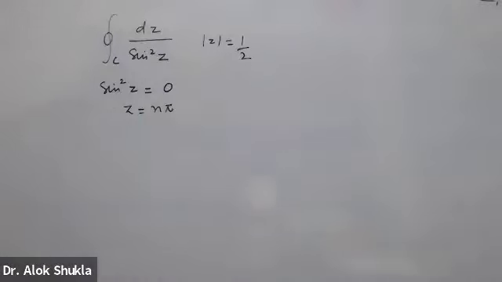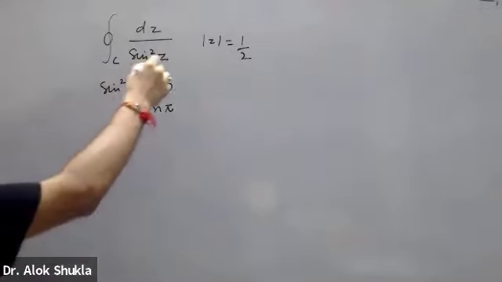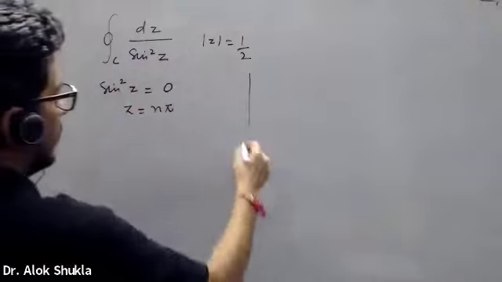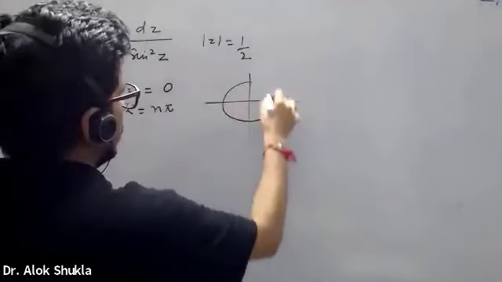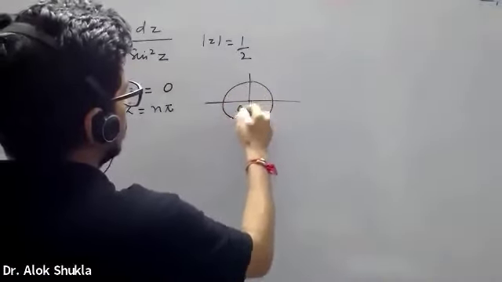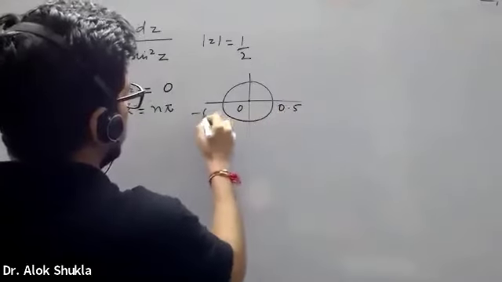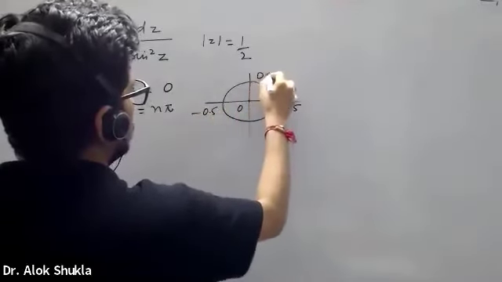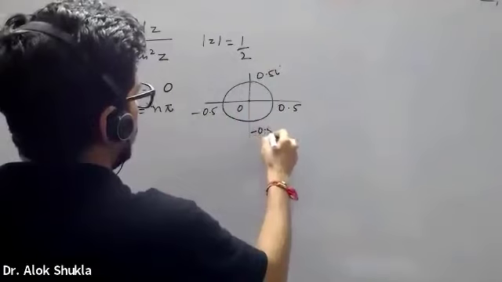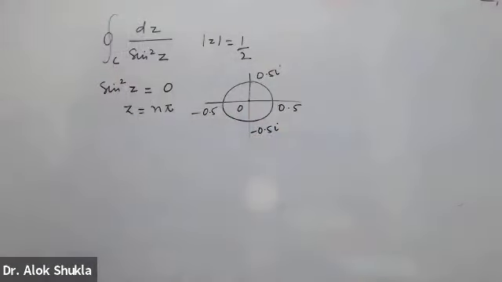Correct? For any of the values of n pi, your denominator will become 0. Let me check this also.